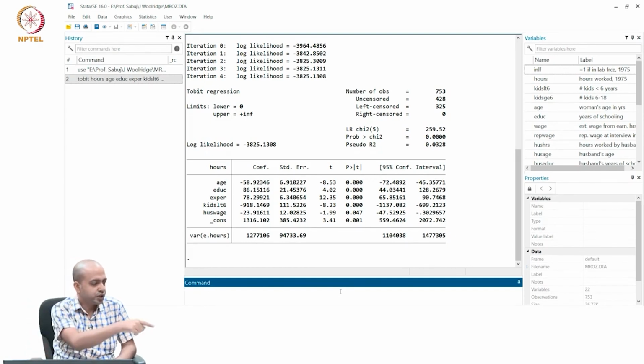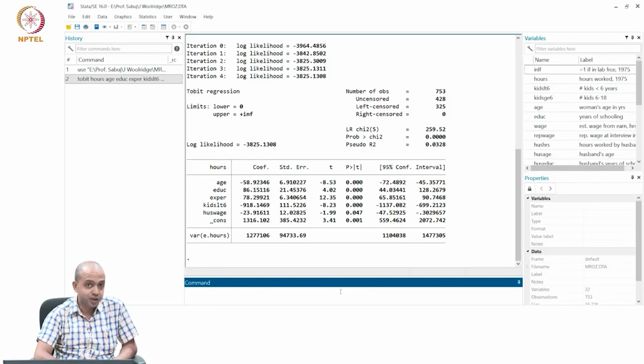And if you do so, then the same likelihood estimation method will give you this type of output, right. And here in the context of likelihood estimation, you have a total of 753 observations, out of which you get 428 uncensored observations.